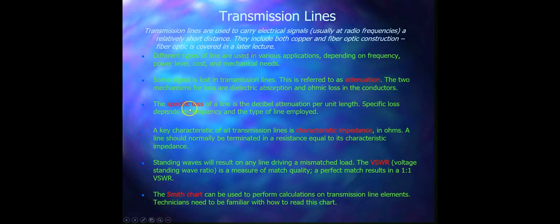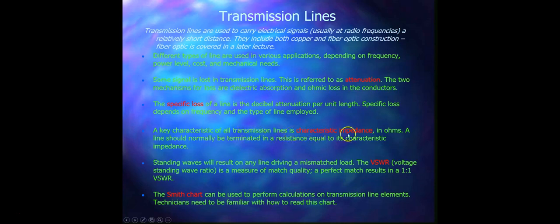Further we are going to cover the specific loss in the lecture. Specific loss of a line is the decibel attenuation per unit length. Specific loss depends on frequency and the type of line employed. And further we are going to cover the characteristics of all transmission lines.